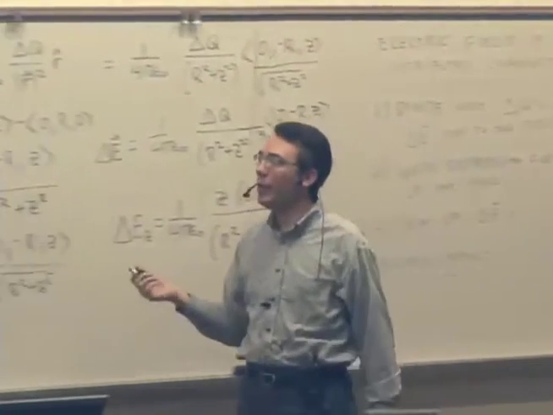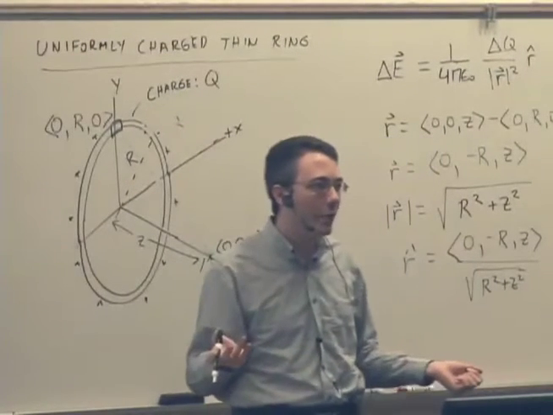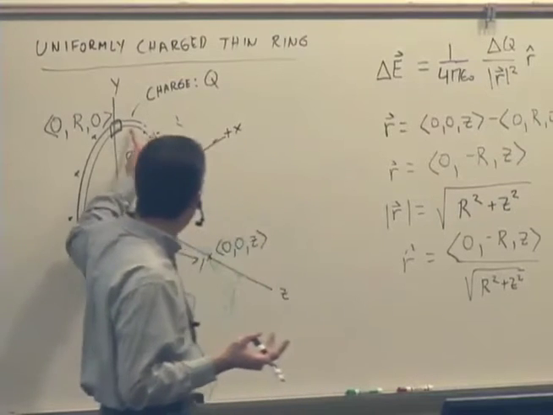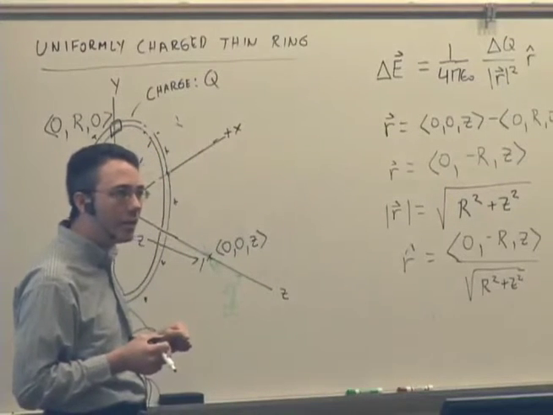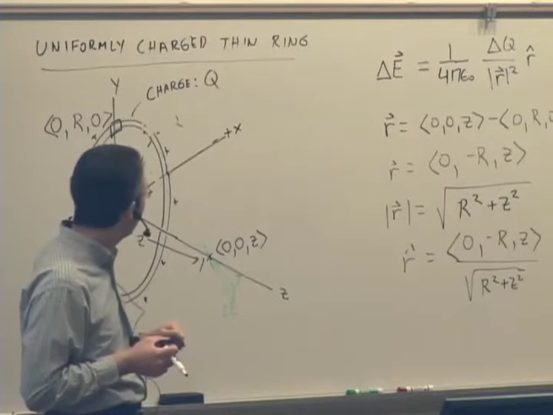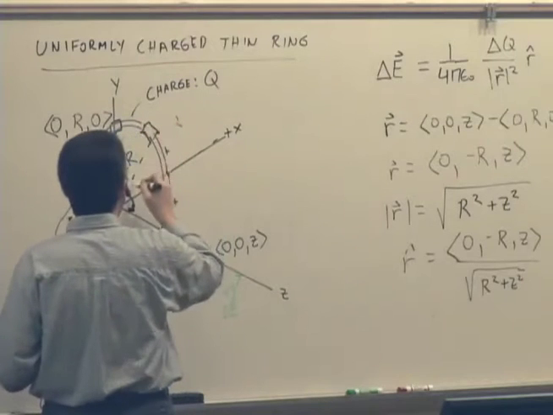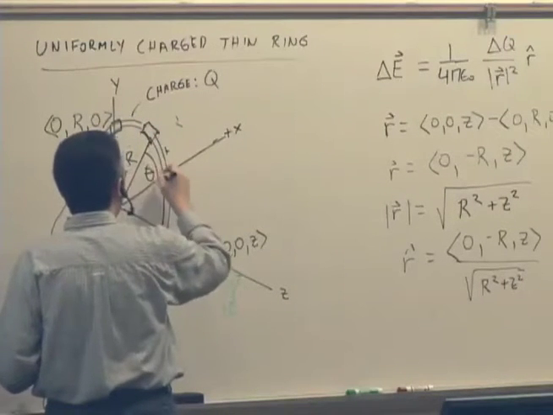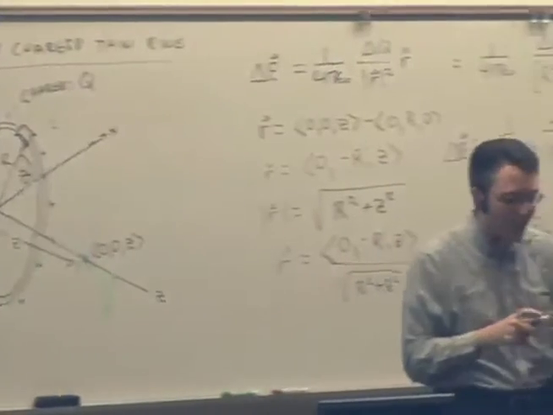The integration variable is the variable that's changing as we do the summation. So what's changing as we move from one piece to the next as we go around this ring? The angle, yeah, the angle is changing. We can describe where this particular piece is by looking at the angle theta.